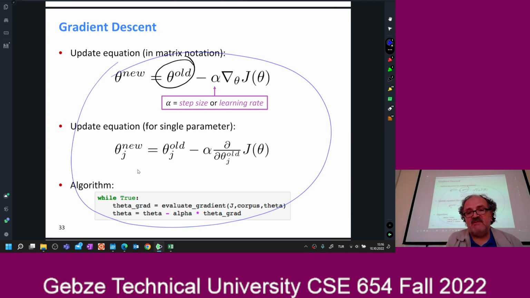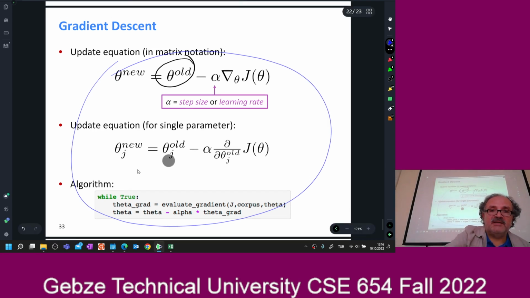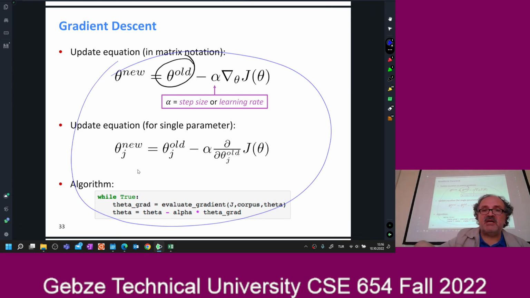We find our parameters using gradient descent optimization. You have lots of parameters in your model, and you need to update those parameters so that your next iteration will produce better results. So this is a standard algorithm that works under the hood with a few more bells and whistles.